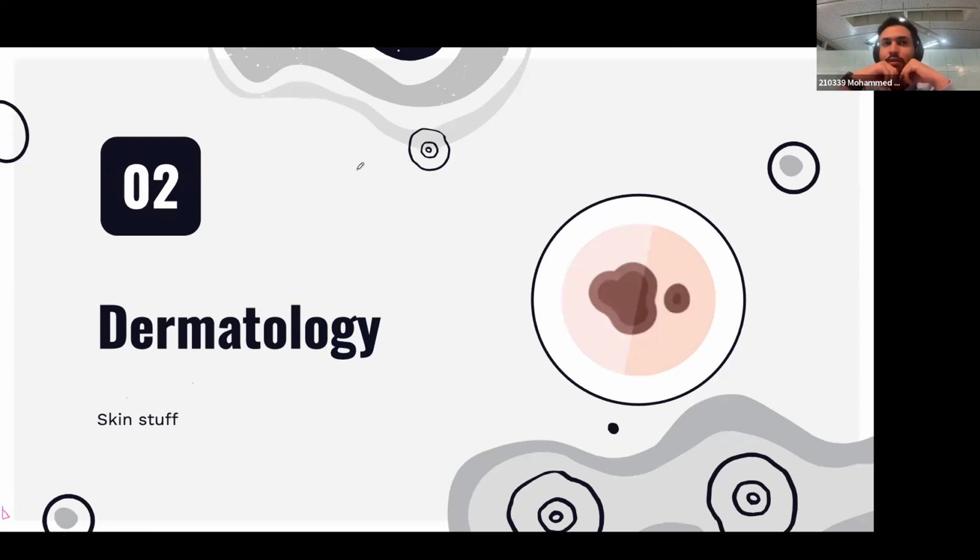Other than that, from pharma, know DMARDs by heart, what they are used to treat. Know the mechanism for treating gout, know the drugs very well, and know the side effects.